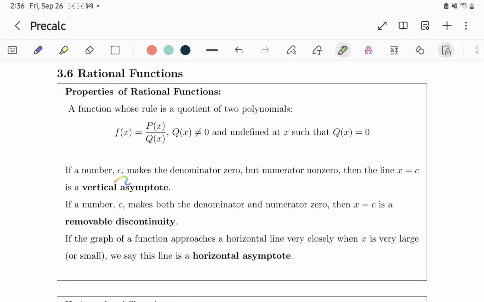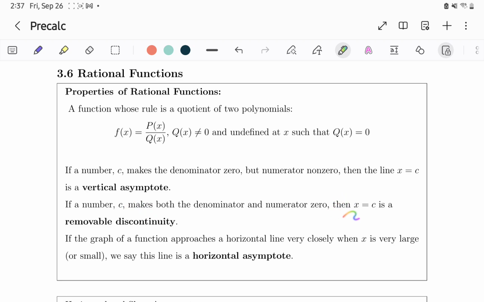If a number c makes the denominator zero, then that's a value we exclude from our domain. But with the numerator non-zero, the line x equals c is going to be a vertical asymptote. And if a number c makes both the denominator and the numerator zero, we still exclude that value c from our domain.